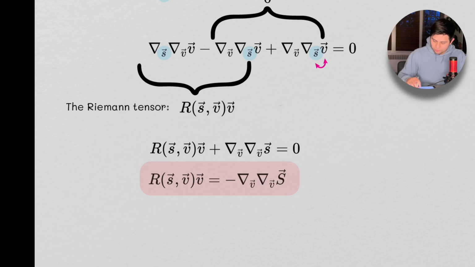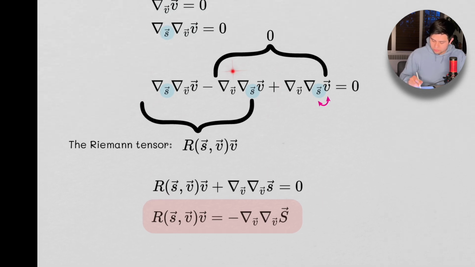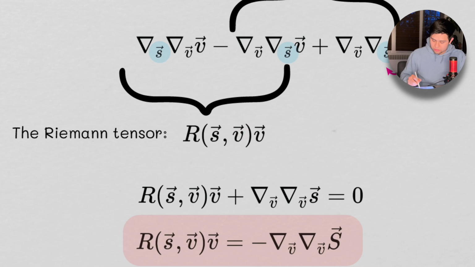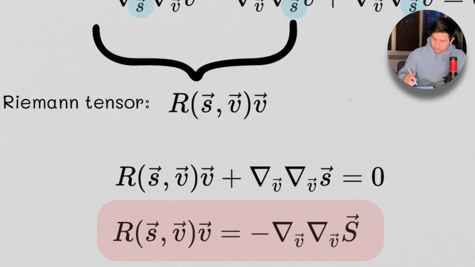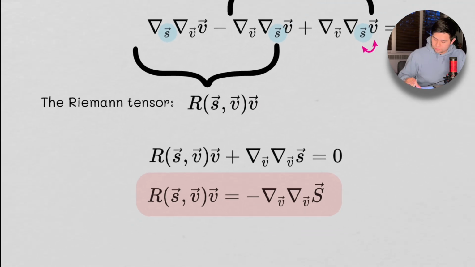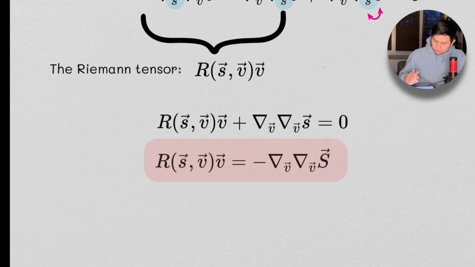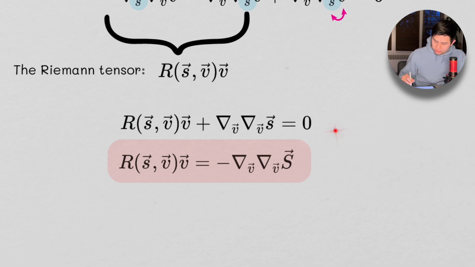This here was the Riemann tensor, right? This is the Riemann tensor where we input those two vectors. These are the two vectors we're traveling along, and then this is that vector that we're holding as we're traveling in those two directions. They're all in the tangent space. Two represent a direction we're traveling in. The other one represents the actual vector that we want to take the derivative of. Okay? So we get this equation.